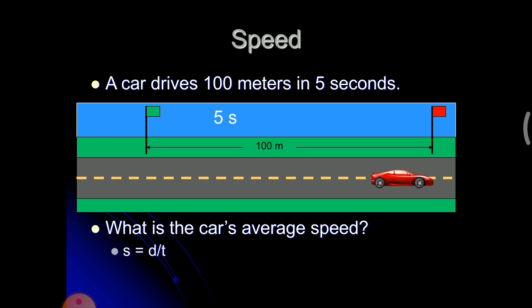Here the distance is 100 meter and the time is 5 seconds. So s equals 100 meter by 5 seconds. Dividing 100 by 5, we get 20. The unit is meter per second. So the average speed of the car is 20 meter per second. In 1 second, the car covers 20 meter.